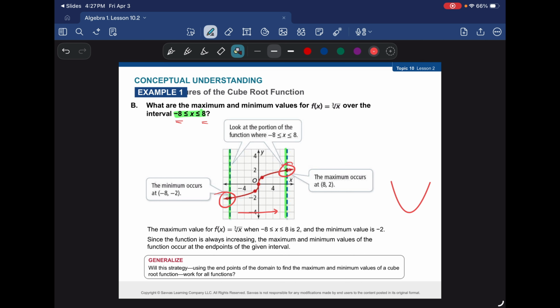So we can't determine a minimum or maximum just from the endpoints of a given interval. And it might even be the same if we are choosing our interval symmetrically across the axis of symmetry. So this rule works for always increasing functions like the cube root function.